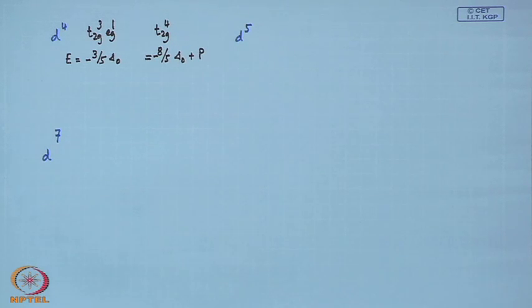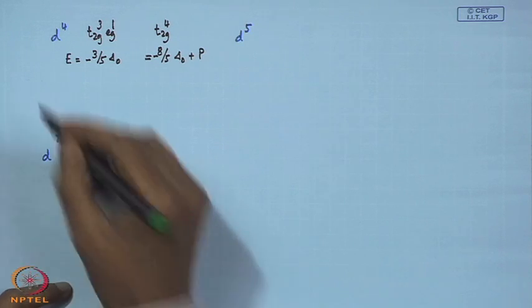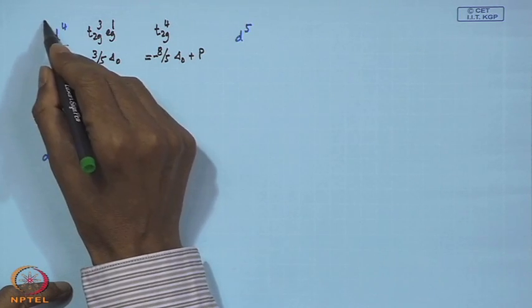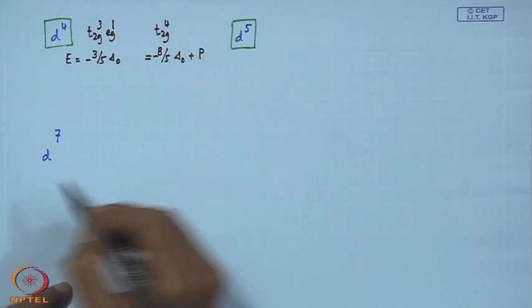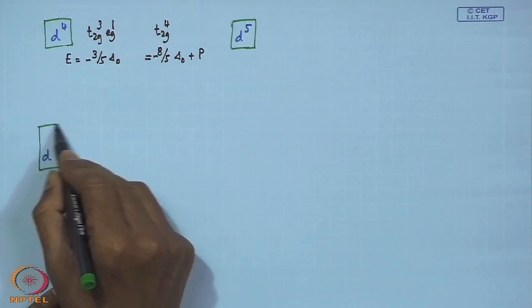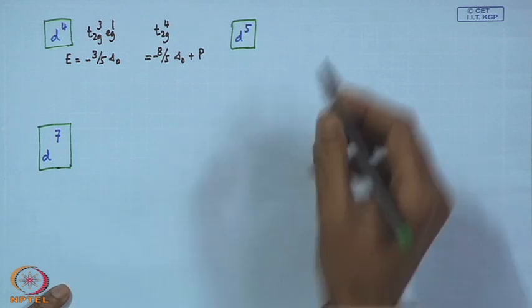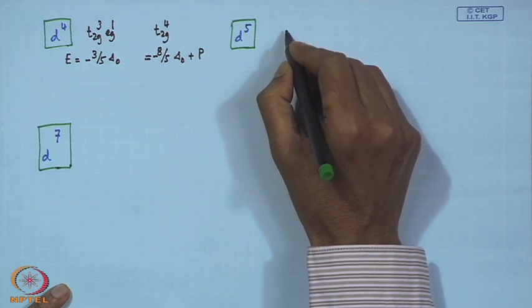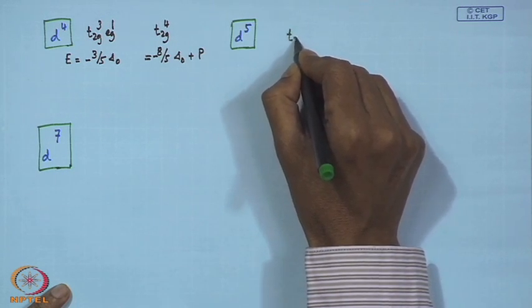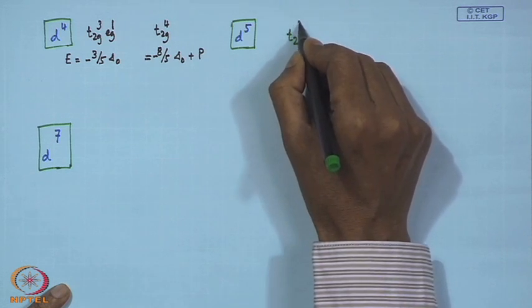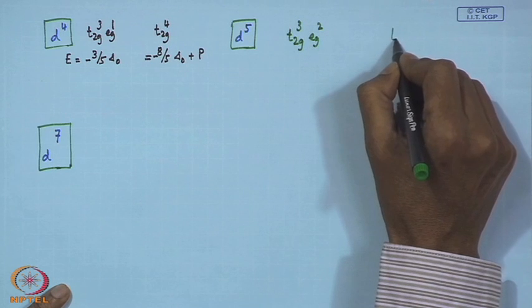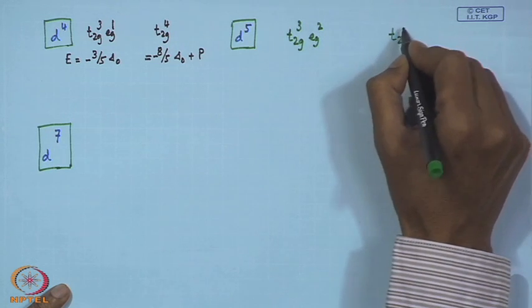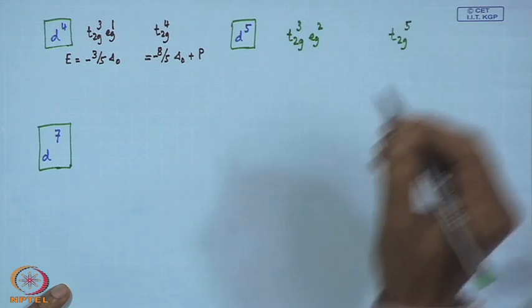Similarly, for the D5 configuration, we will also calculate for D7. For D5 we have two situations, one is T2G3 EG2 and the other is T2G5.